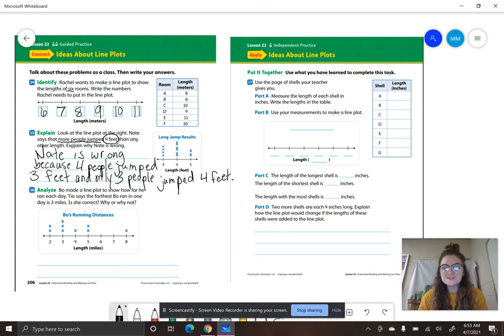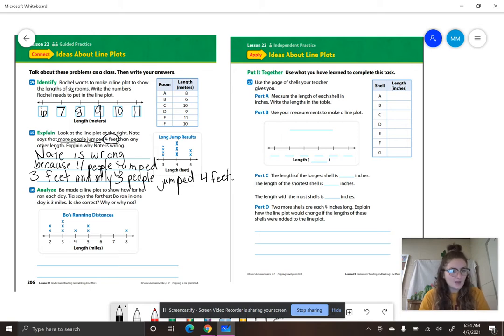All right, let's go to 16. It says, Bo made a line plot to show how far he ran each day. Tia says the farthest Bo ran in one day is 3 miles. Is she correct? Why or why not? Let's read that again.